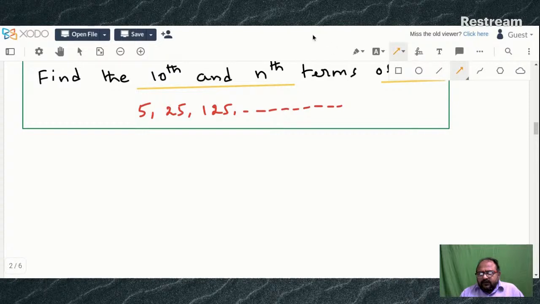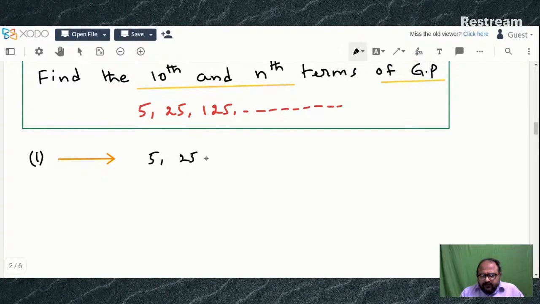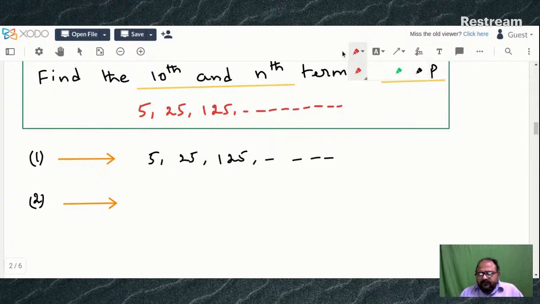Now let us note down the process. In the first step, you should note down the given list of numbers. That is 5, 25, 125, and so on. In the next, second step, you should write the values of the terms.